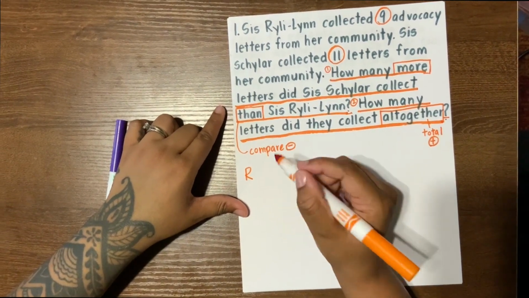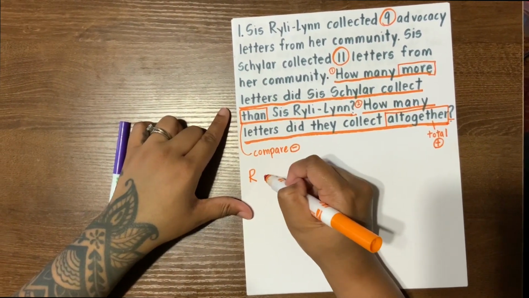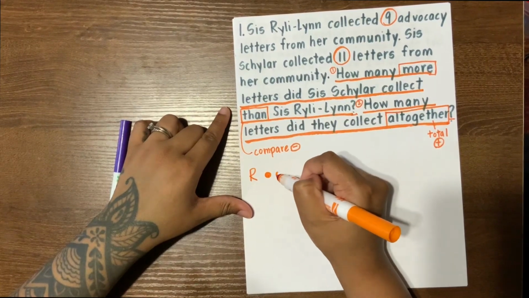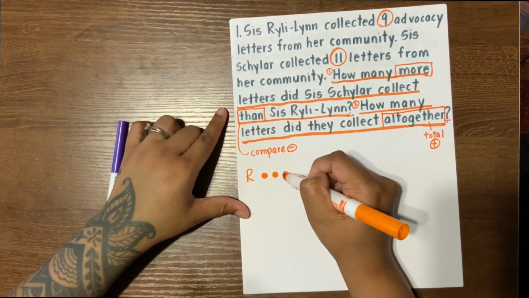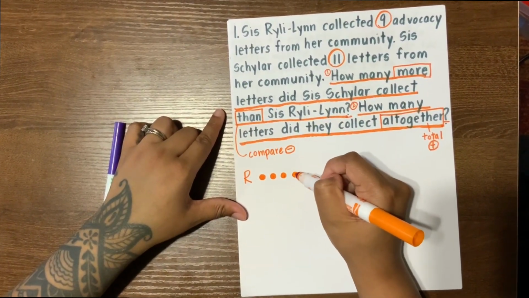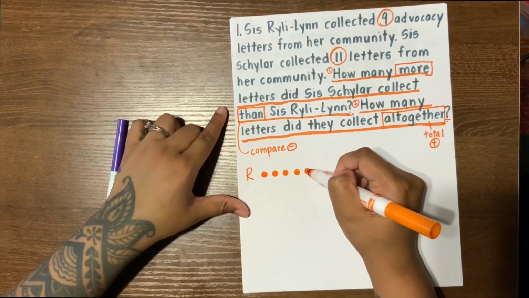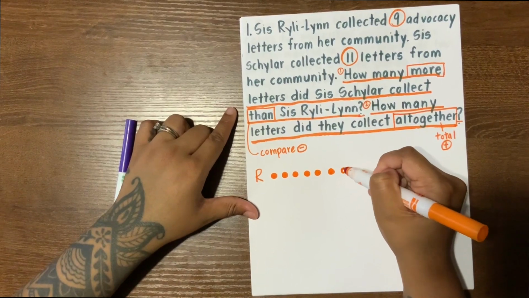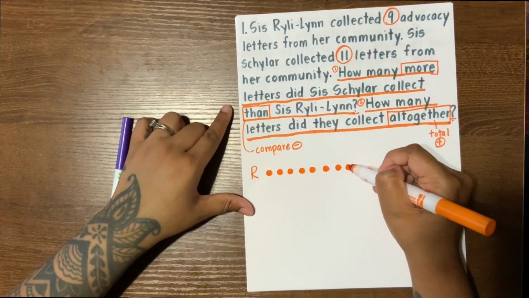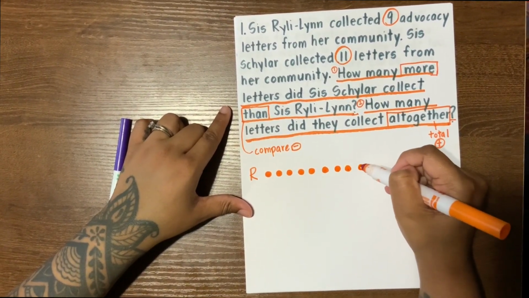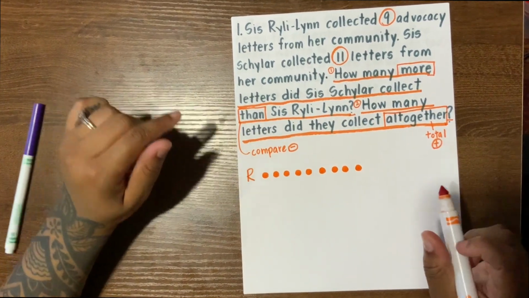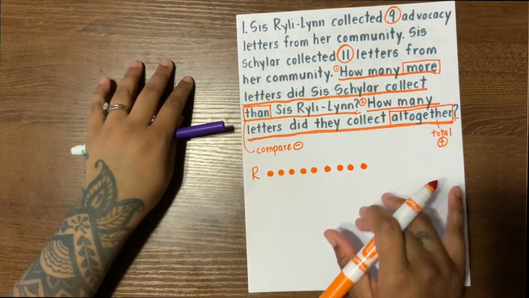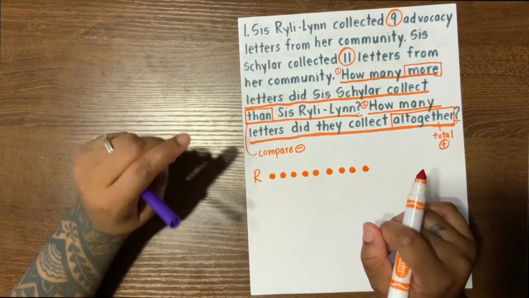I'm going to illustrate that with 9 circles. 1, 2, 3, 4, 5, 6, 7, 8, 9. And Congo Nation, I know that you are mighty workers, so you are drawing and doing your model as I do mine.